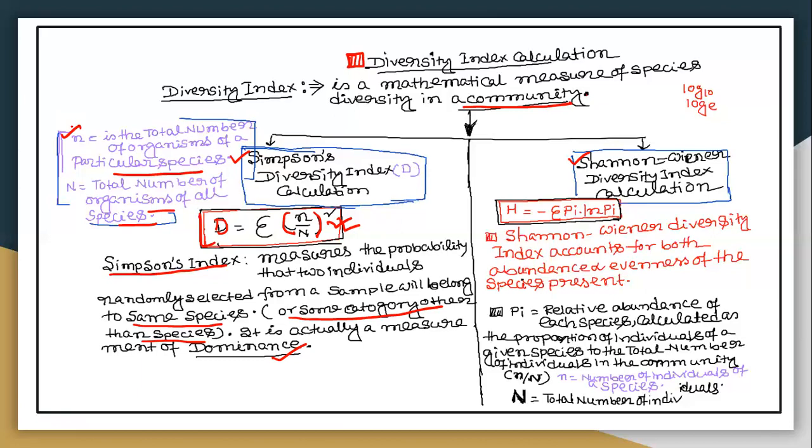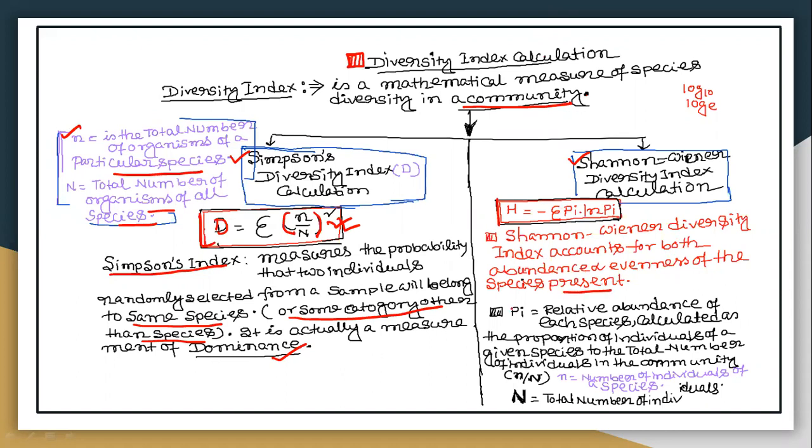Now coming to the Shannon-Weiner diversity index. The formula is H equal to minus summation of pi into ln pi. You can see that the Shannon-Weiner diversity index accounts for both abundance and evenness of the species present.